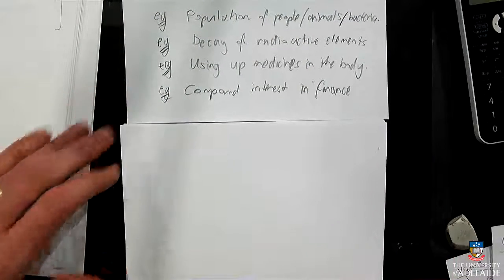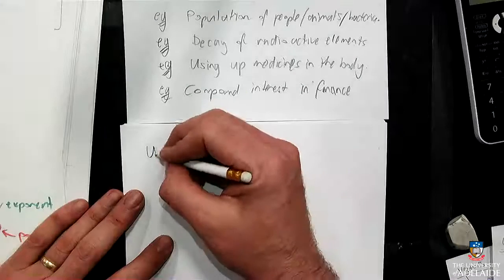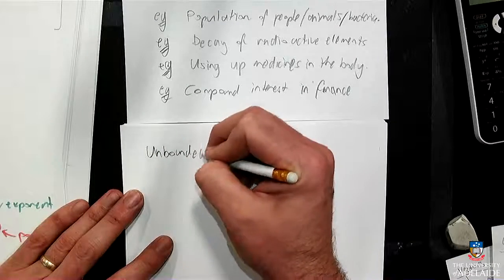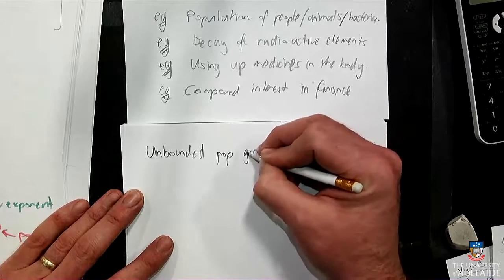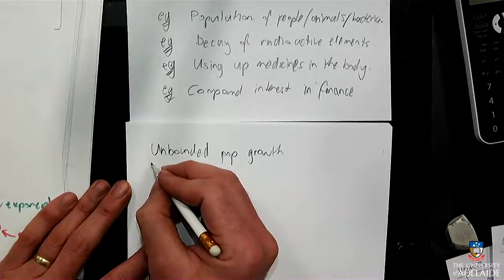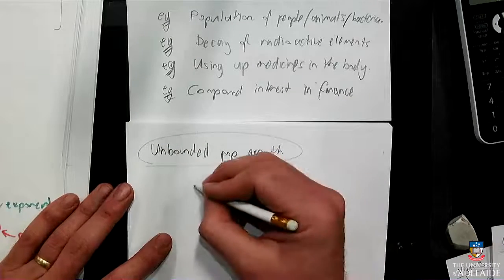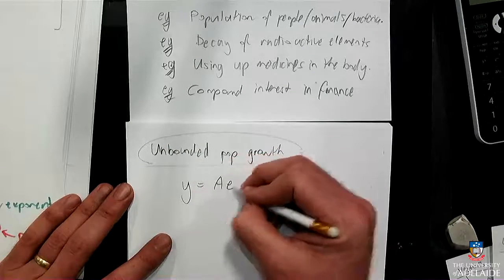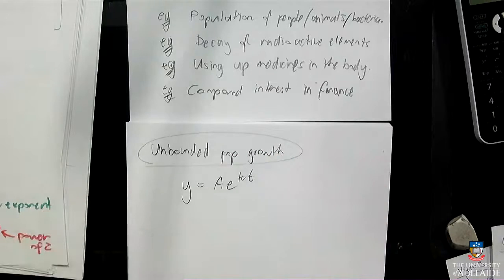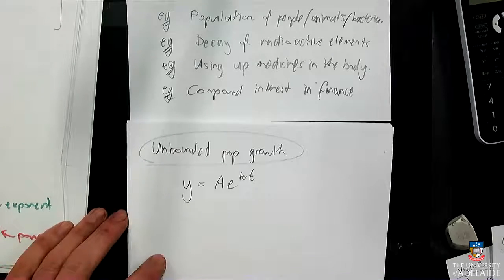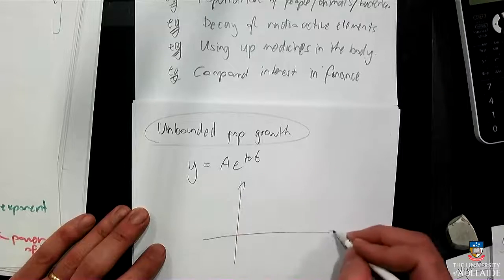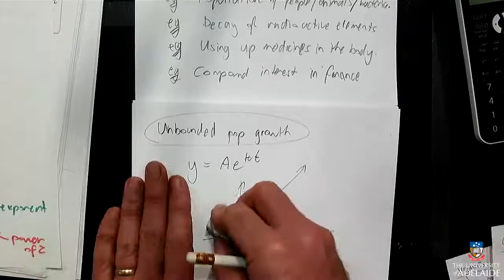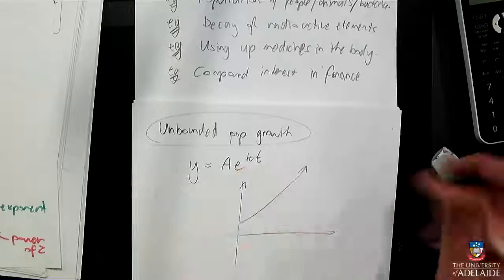So two possibilities are unbounded population growth, such as, that's y is some constant e to the kt usually, where the population keeps growing like that, and normally time moves forwards from 0.